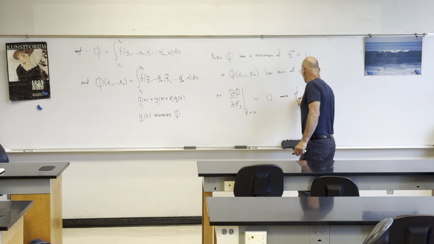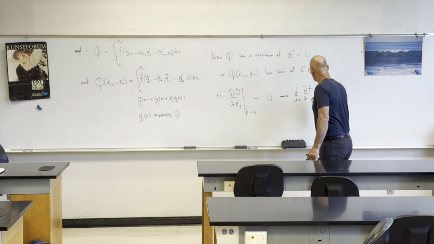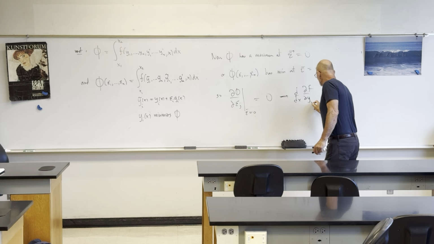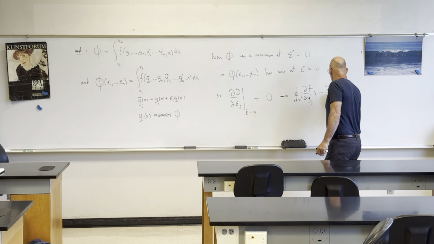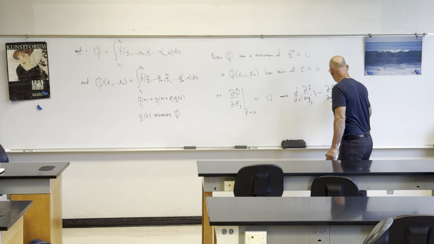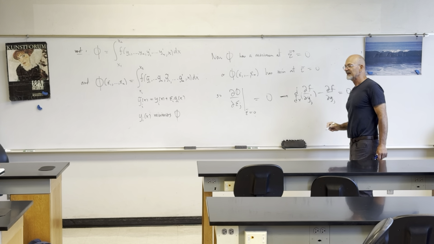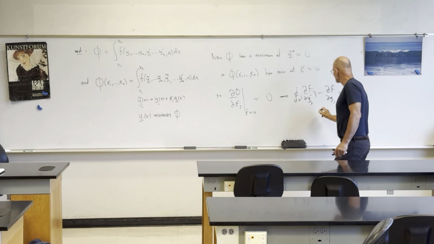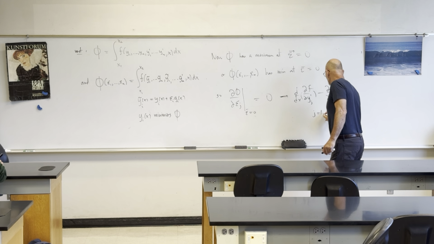So now we can say d over dx of partial f partial y sub j prime minus partial f partial y sub j is equal to 0. Each, and this is for j equals 1 to n.